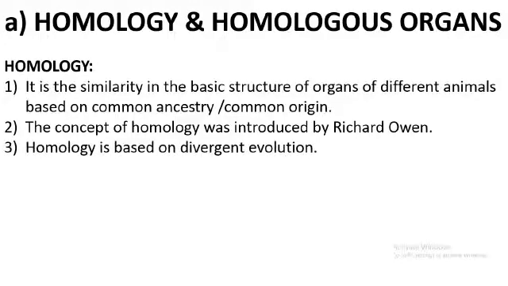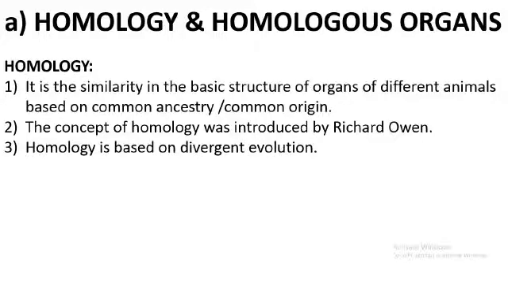Homology is based on divergent evolution. What is divergent evolution? Initially all organisms had basic requirements, but in due course of time, depending upon different needs, their basic plan has changed. Very simple: take human evolution. The races, such as Negroes, albinos, Chinese, Mongolians, Indians, differ in morphology and skin color.